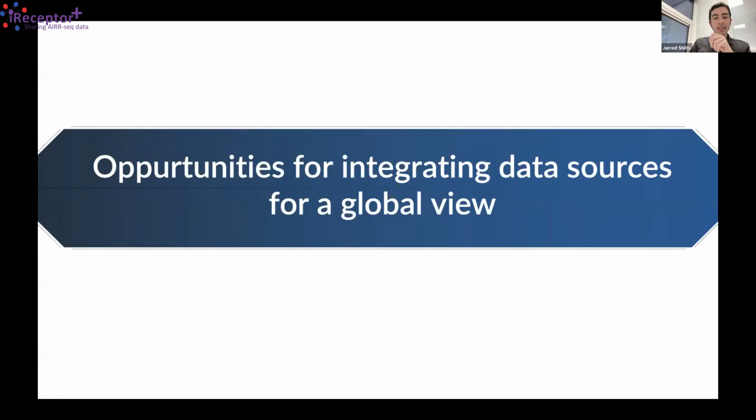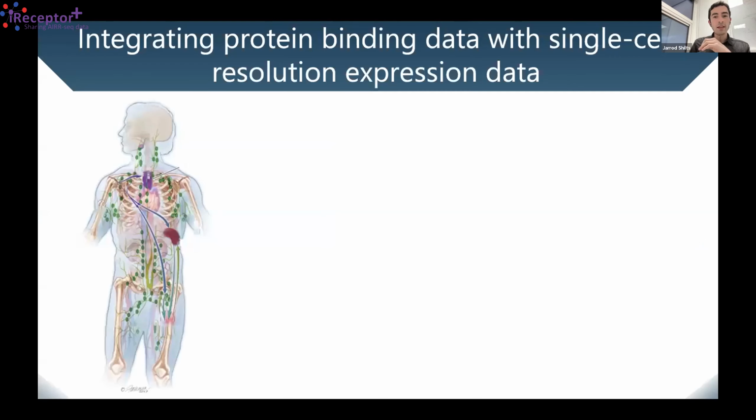Then, as a last chapter on this, more opportunities for integrating data sources for some of these more global views. Particularly over the last few years, there has been a wealth of studies taking different tissues in the human body, measuring the immune cells in them, and what they express.